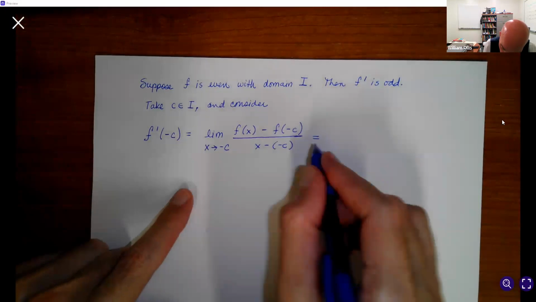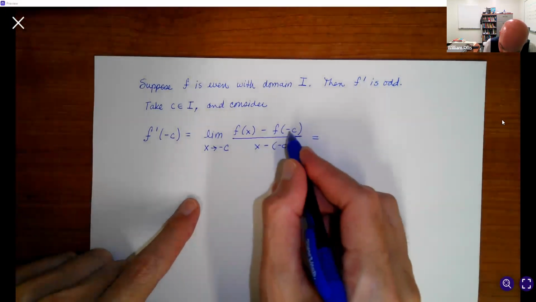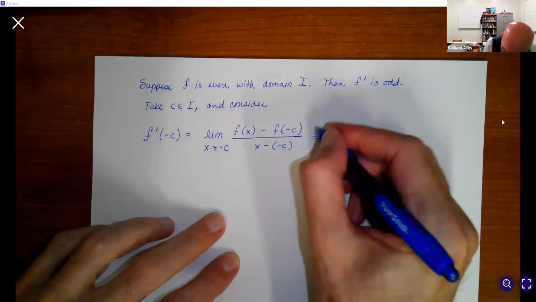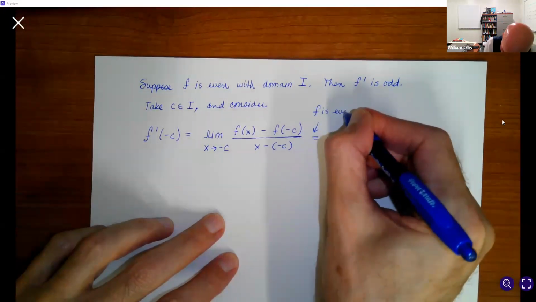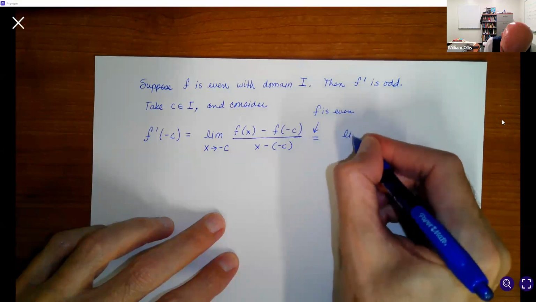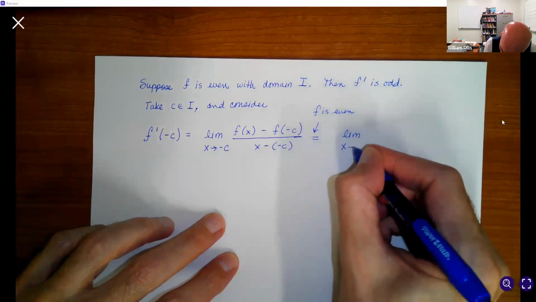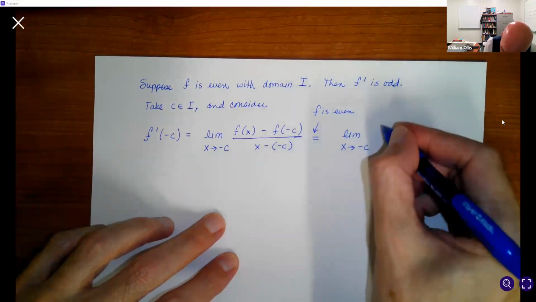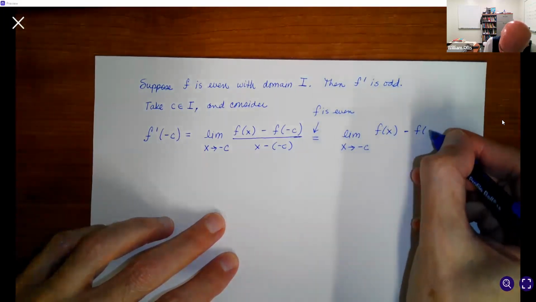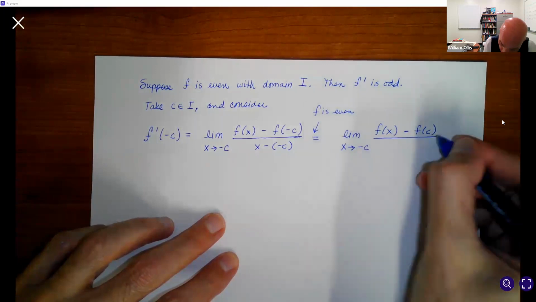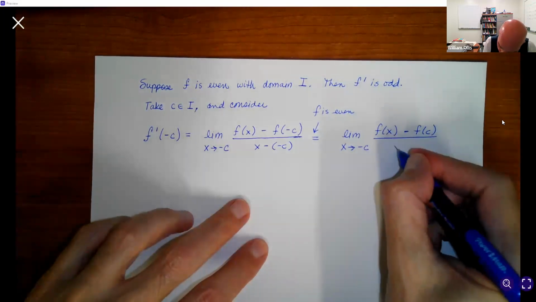So now first you can say, well, f is even, so the c here will absorb. So we have the limit as x approaches the additive inverse of c of f of x minus f of c, and then of course, minus the negative is x plus c.